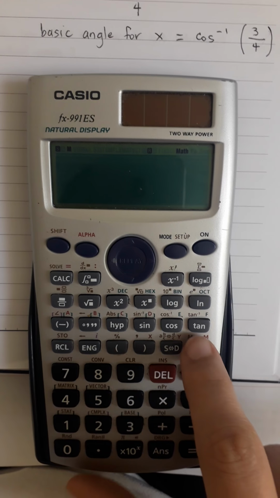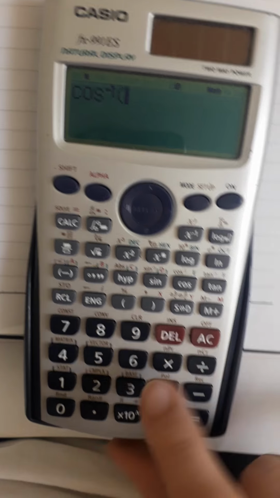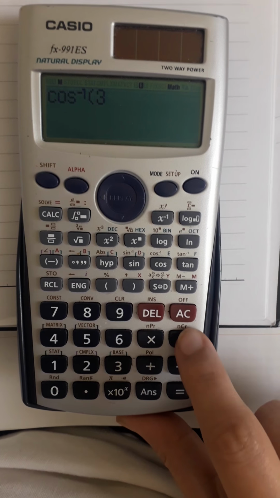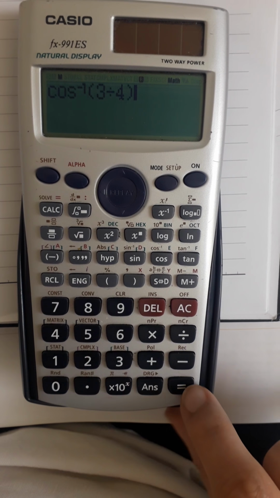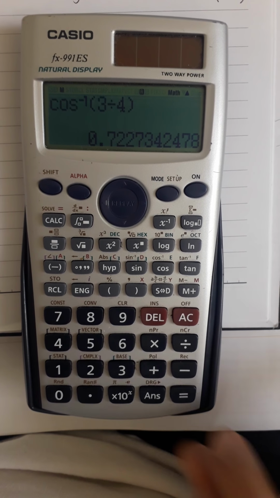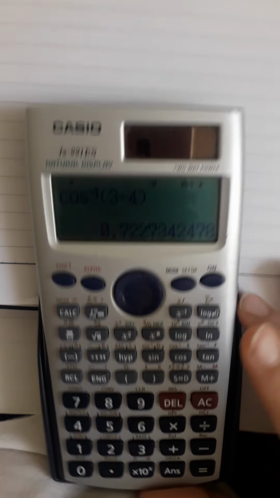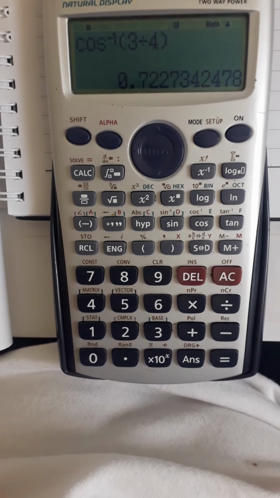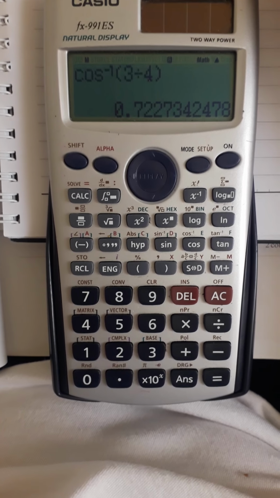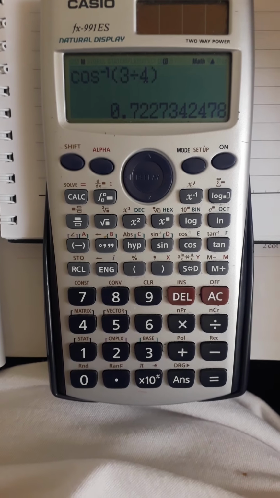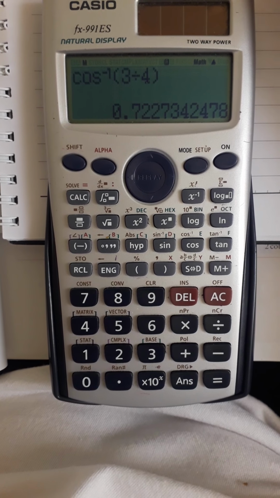So shift cosine 3 divided by 4. And that is this value. I will round it off to 4 significant figures because later on the final answer will be in 3 significant figures.